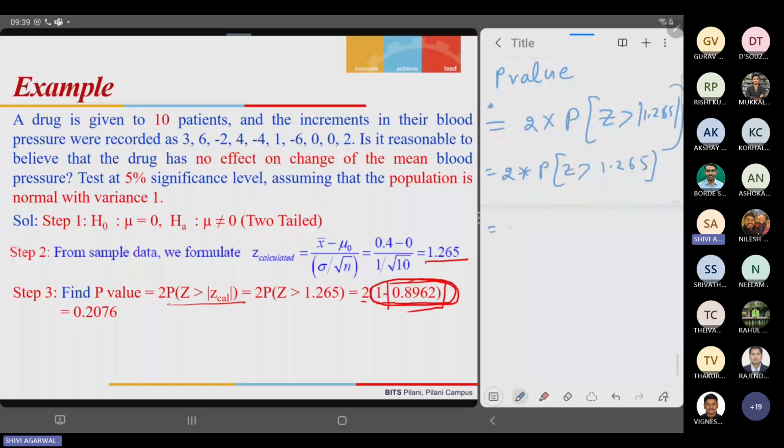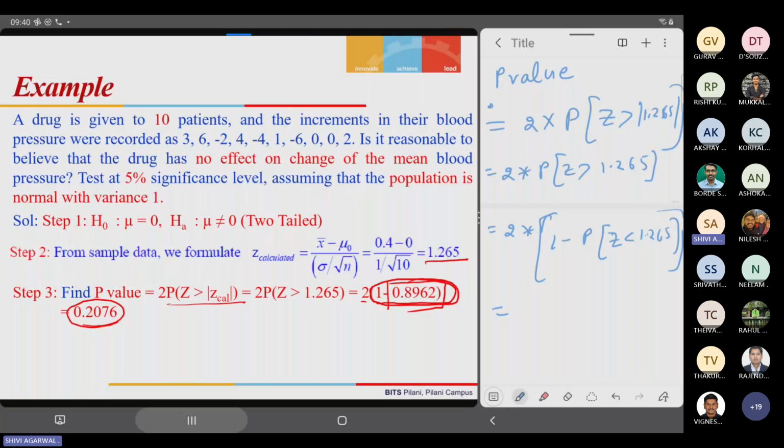So it is equal to 2 multiplied by 1 minus probability when Z is less than 1.265. Okay. So it will become 0.2076. Now we just compare, it is a very large value basically. So we fail to reject H naught.